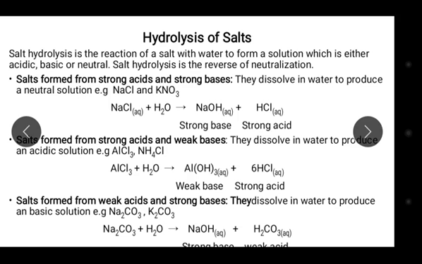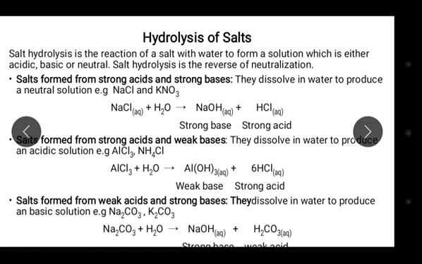Then the last case is this: when the salt is formed from a weak acid and a strong base. A weak acid and a strong base. Such salt will dissolve in water to produce a basic solution, and common examples are sodium trioxocarbonate(IV) and potassium trioxocarbonate(IV). Now, sodium trioxocarbonate(IV) is presumed to be formed from sodium hydroxide, which is a strong base, and trioxocarbonic(IV) acid, which is a weak acid.